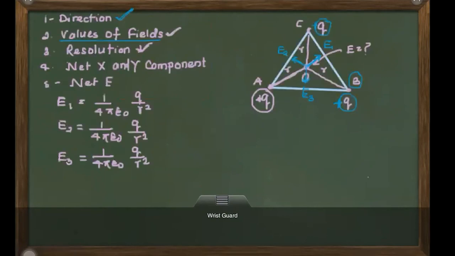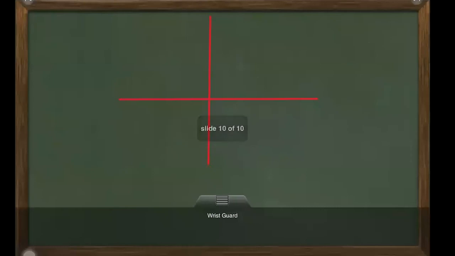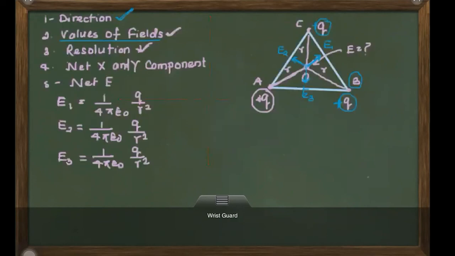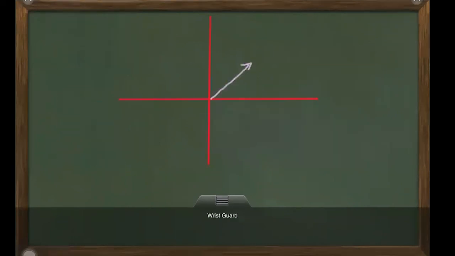E1 is in this direction. So this is E1. Now, E2 is in left direction here. So this is E2, this is E1, this is E2, and this one is E3.